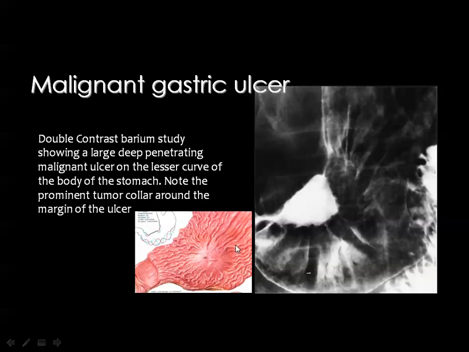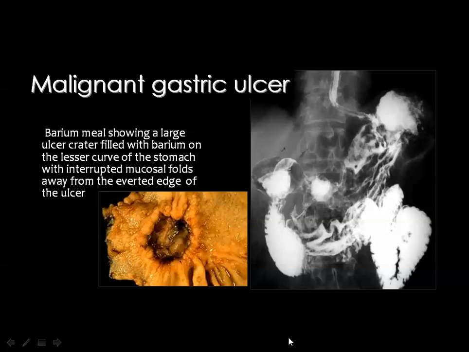And so the mucosal folds cannot reach the edge of the ulcer because there is a malignant invasion of the peri-ulcer area. This is one way to discriminate by radiology, but you can also use endoscopy and biopsy to confirm the diagnosis.